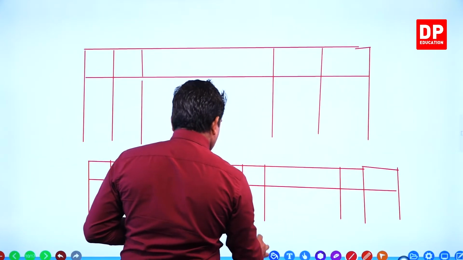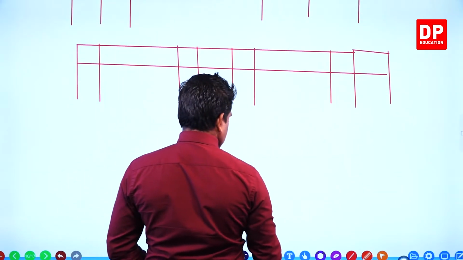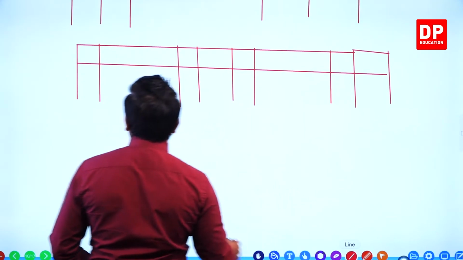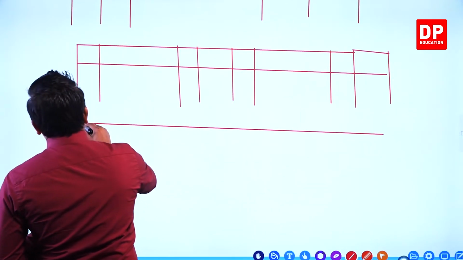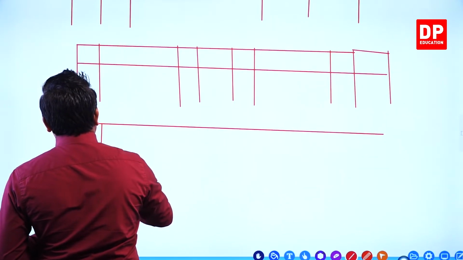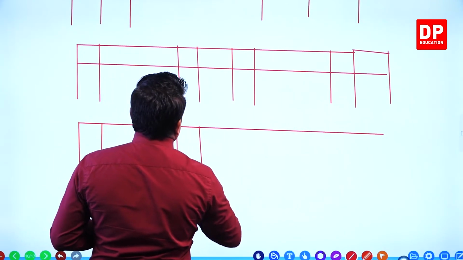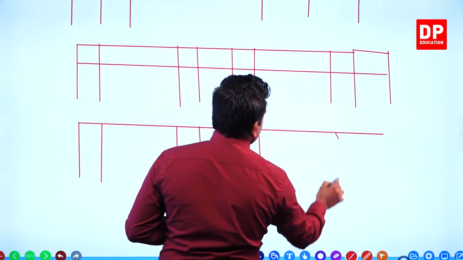We have to draw one more account. One is the debtor account, the other one is the bad debts account. Date, description, ledger folio, value, date, description, ledger folio, value.